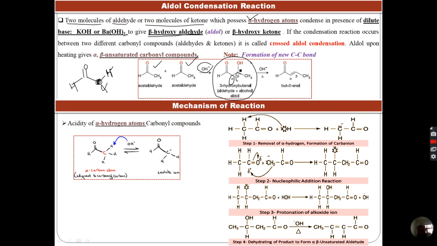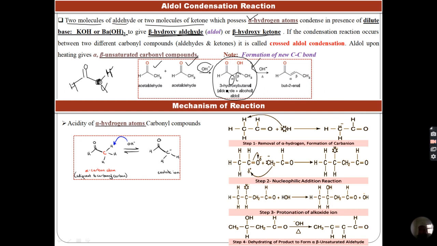On beta there is a hydroxyl group, so this is beta hydroxyaldehyde. If you start with two ketone molecules, you will get beta hydroxyketone. So the condensation of two aldehyde molecules gives beta hydroxyaldehyde, and likewise the condensation of two ketone molecules gives beta hydroxyketone.